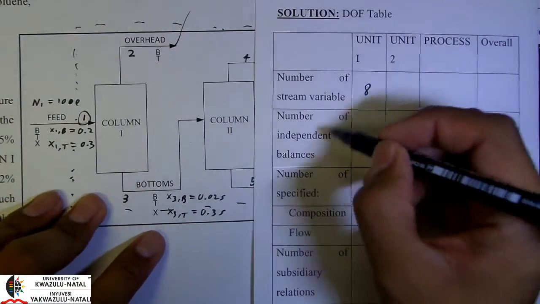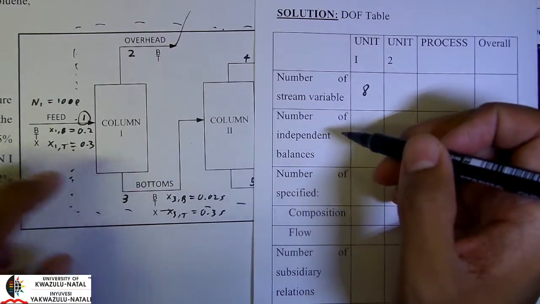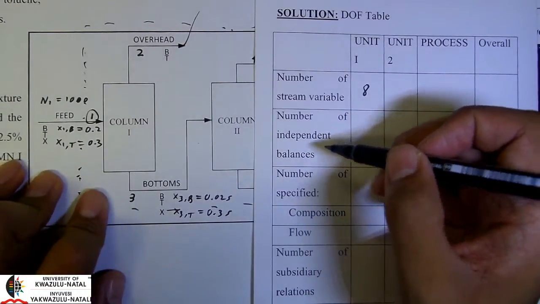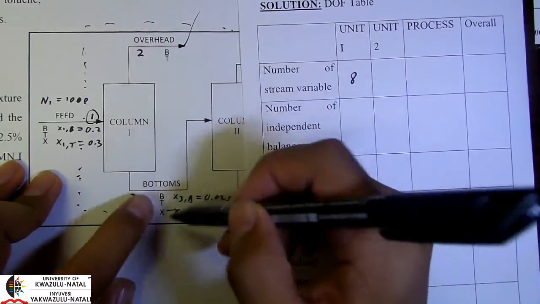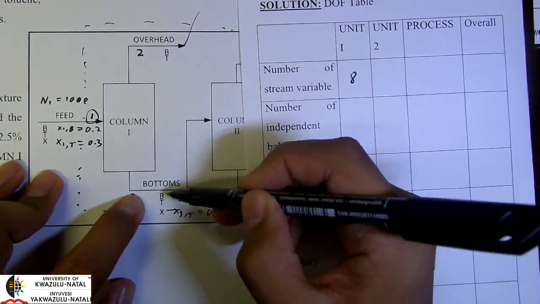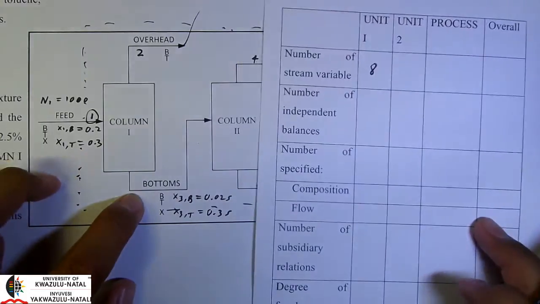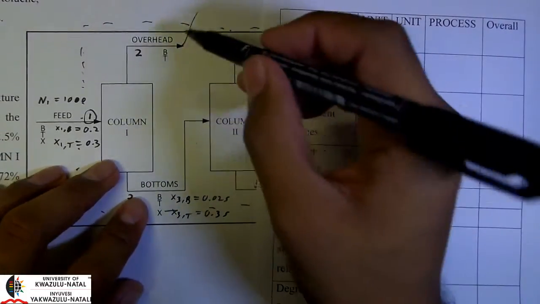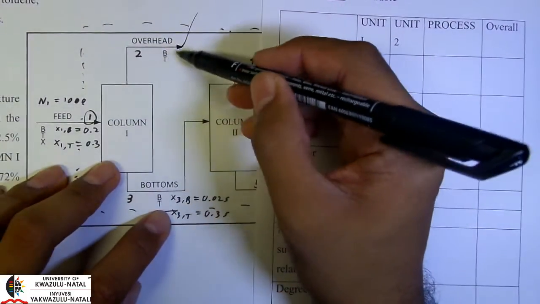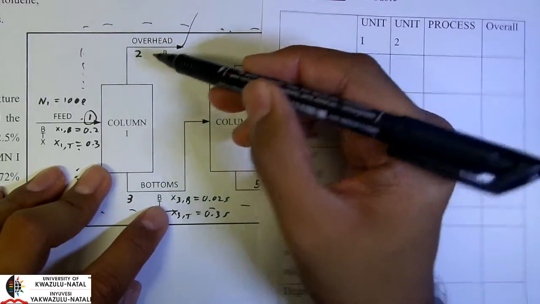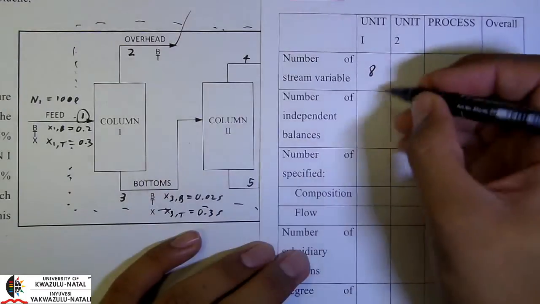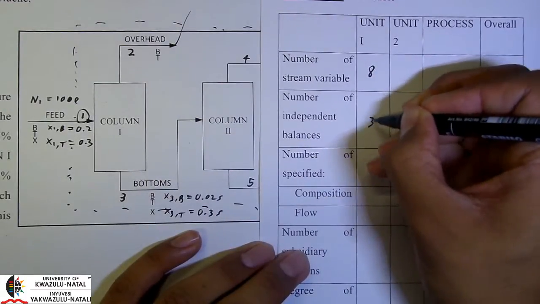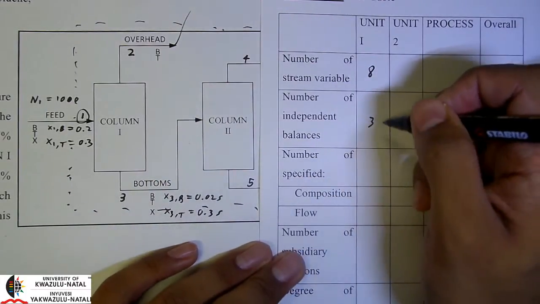Number of independent balances, we simply count the maximum number of components associated with column 1. Okay, and there are a maximum of 3 components associated with the column, even despite the fact that the overhead only has 2 components. So we count the maximum number of components, and that will give you the number of independent balances.